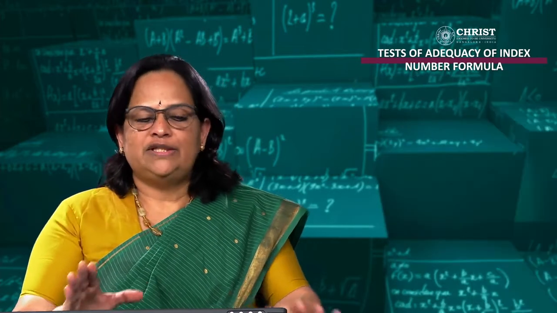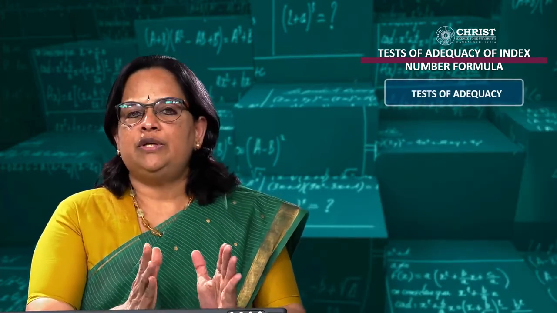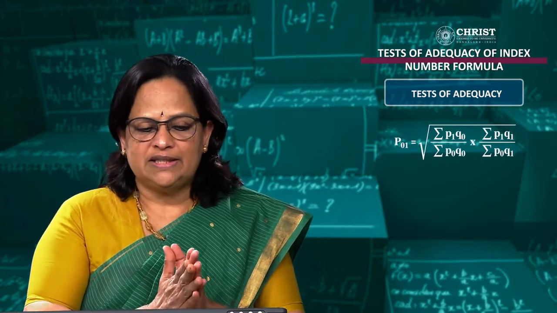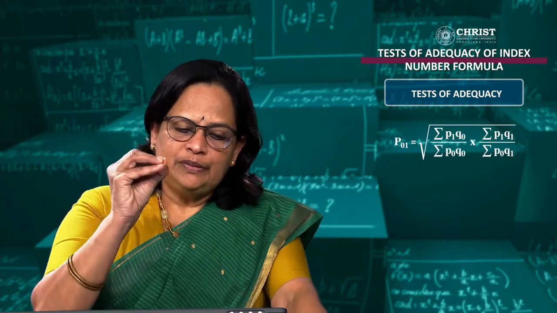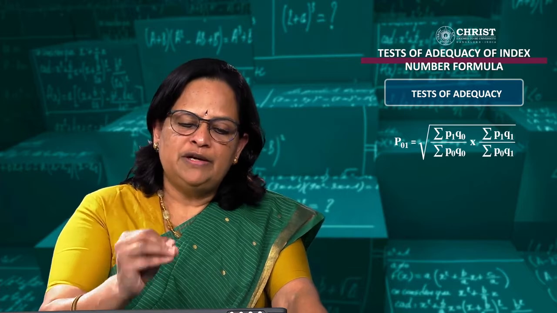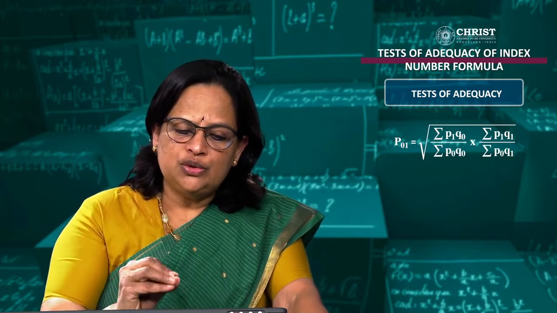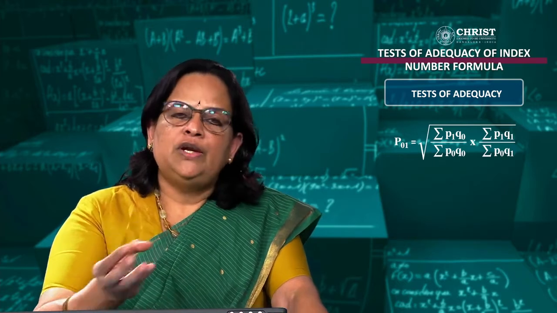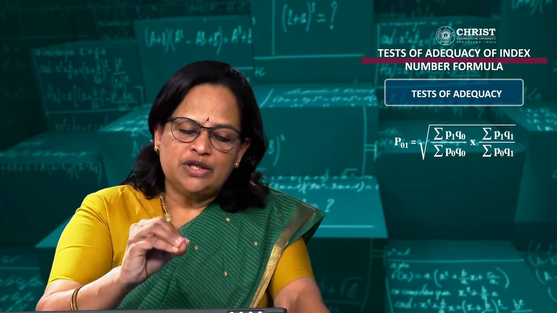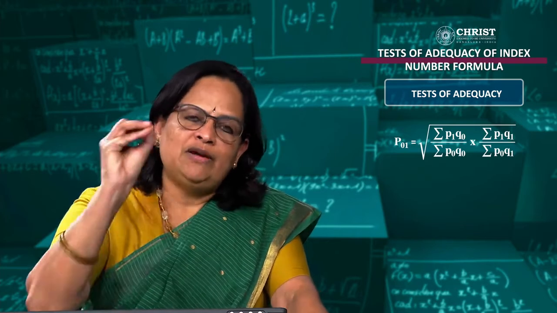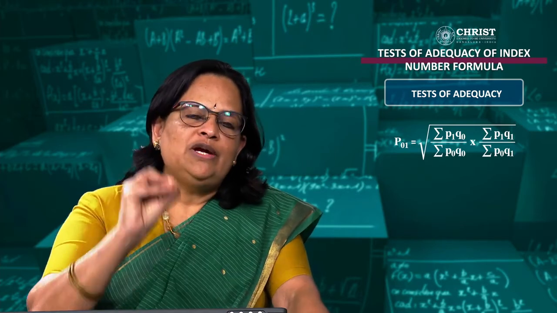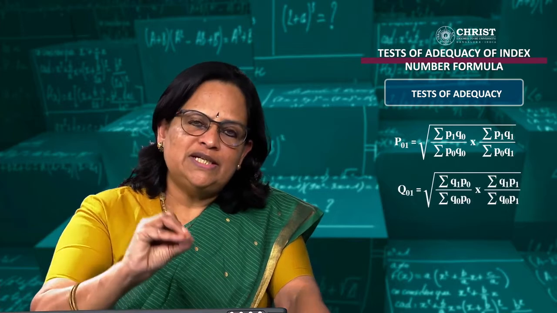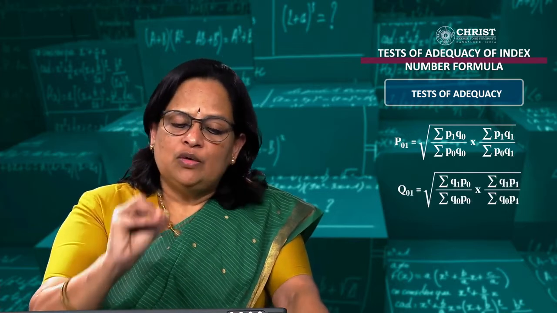Now, the test of adequacy. The first equation is the basic equation for computing Fisher's ideal index. That is the square root of sigma P1 Q0 divided by sigma P0 Q0 into sigma P1 Q1 divided by sigma P0 Q1. Now we substitute in the equation. Wherever P values are there, we change them to Q values, and wherever Q values are there, we change them to P values.